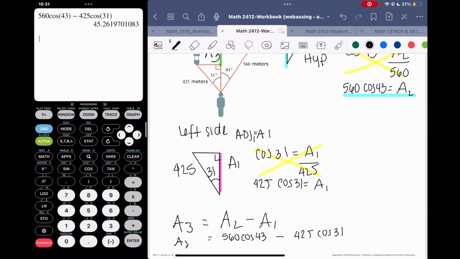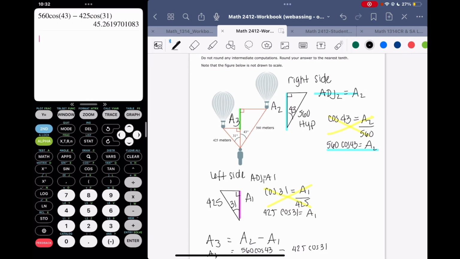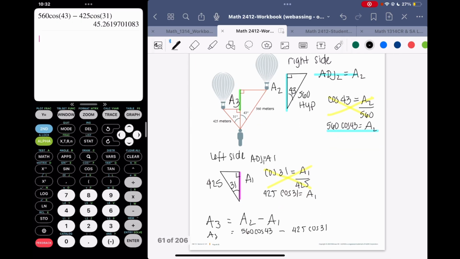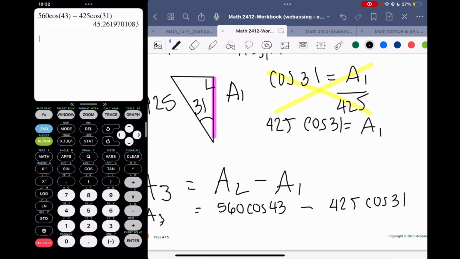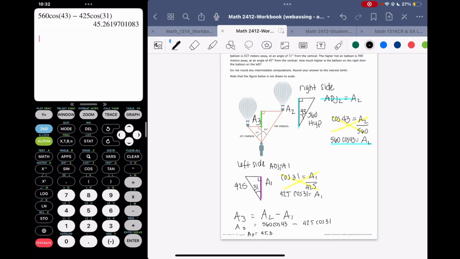And that's the difference of 45.26. And we want our answer to the tenths place. So A3 equals 45.3. And that's the whole problem.